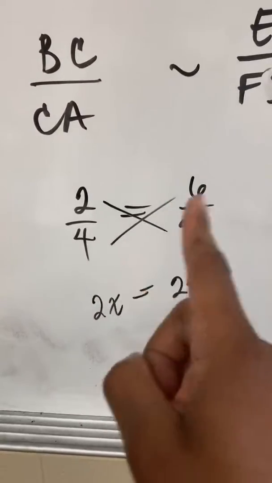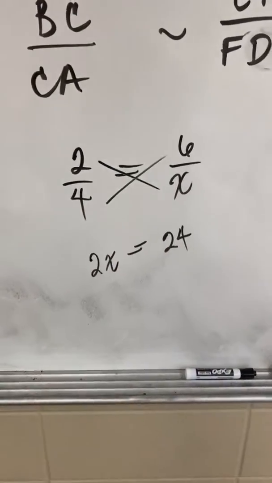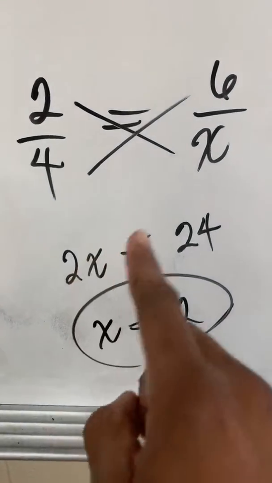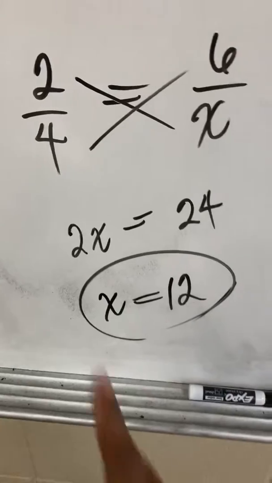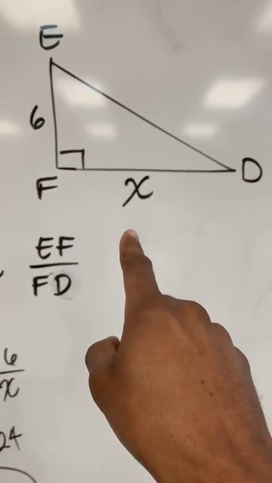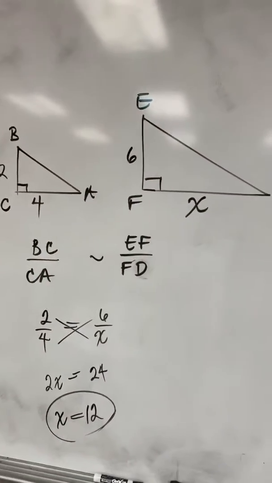If I multiply those 2 together, I get 24. Now I have 2X is equivalent to 24. What is X? Yep, so if I have 2 times X is equal to 24, that X value must be 12, all right? So 2 times 12 is 24. That missing value is 12. That's how long that side is based on similarity, all right?